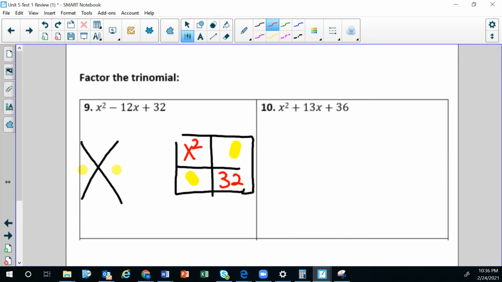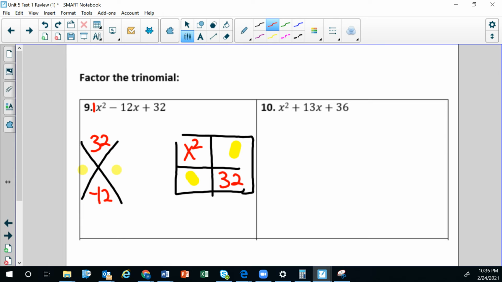Now remember, the top number, right? Always multiply the coefficient of x squared, which is 1 times 32, and that gives me 32. And the bottom number is always the middle term, negative 12. And so we need two numbers that, when we add them, give me negative 12, but when I multiply them, give me 32.